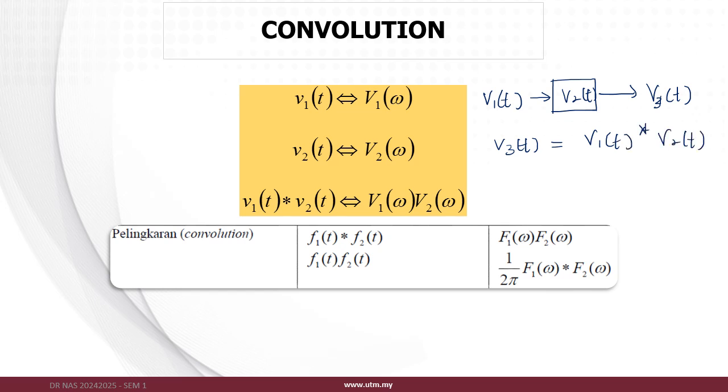But in the frequency domain, you can solve this convolution by using multiplication of both signals. So V3(omega) equals V1(omega) multiplied with V2(omega). If you have a multiplication of signals in the time domain, it will be a convolution in the frequency domain. If you have convolution in the time domain, it will be signal multiplication in the frequency domain.